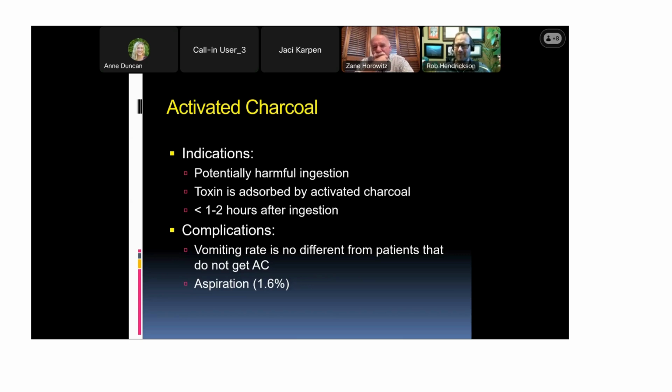So we have this association with charcoal that it makes people vomit, and it does. What I suspect based on these studies is that if you gave them a glass of water to drink, they would also vomit. So it's people who are going to vomit in the next, say, half hour or so.